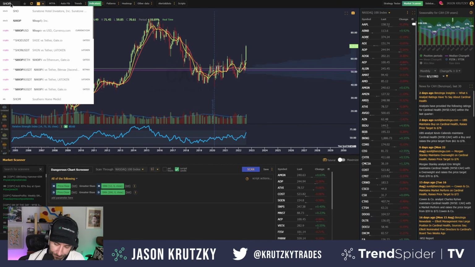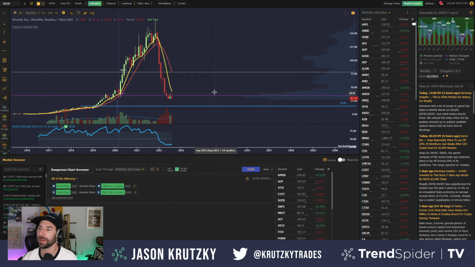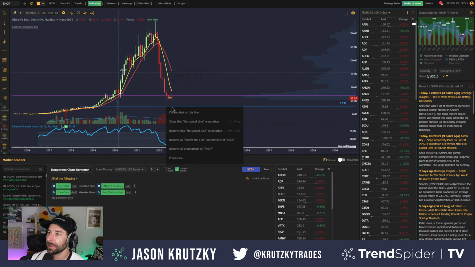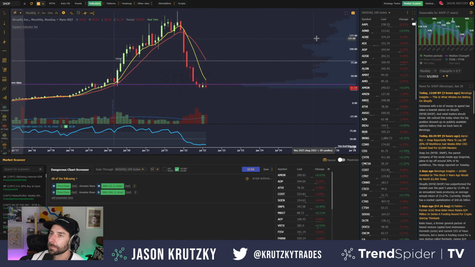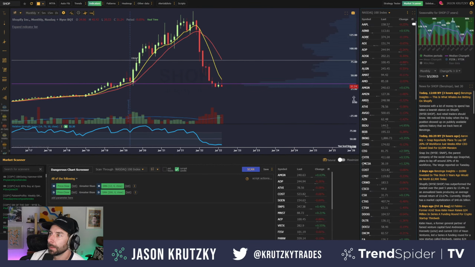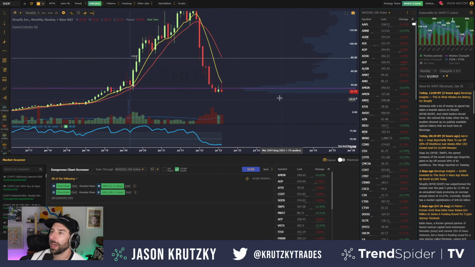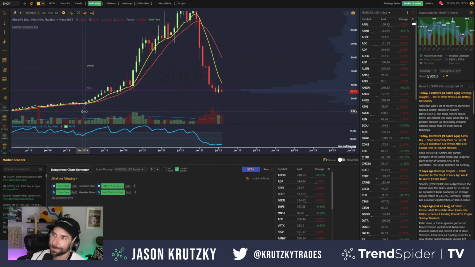Shop. How's Shop looking on the monthly? Yikes. Shop looking terrible on the monthly. So where are we? We are below everything. We're below the point of control from the COVID lows. We could even pull this thing back a little ways and we're still below.